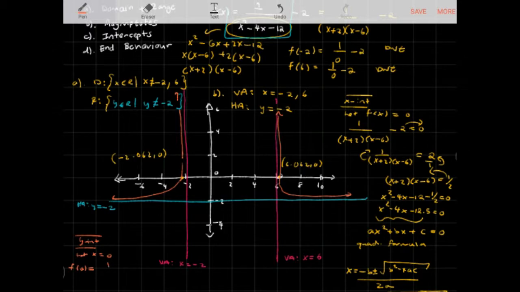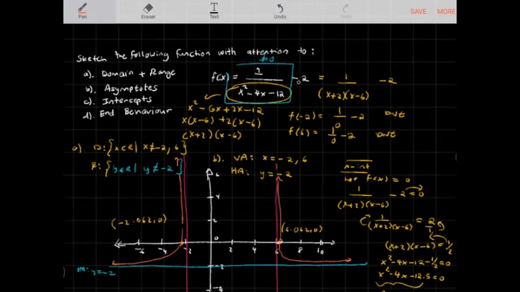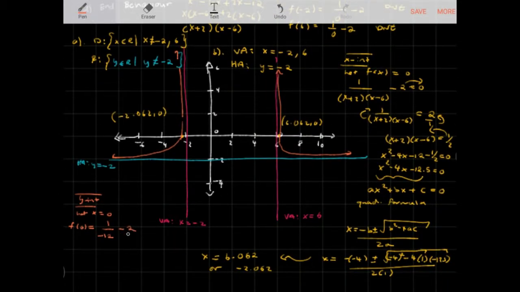If I plug in 0 for x, you get 1 over negative 12 minus 2, which is negative 1 over 12 minus 24 over 12, which is negative 25 over 12. Okay, so f of 0 is negative 25 over 12. So this is going to be a little bit less than negative 2. So this is like 0 and negative 25 over 12. Okay, it looks like that. And this is another point out.